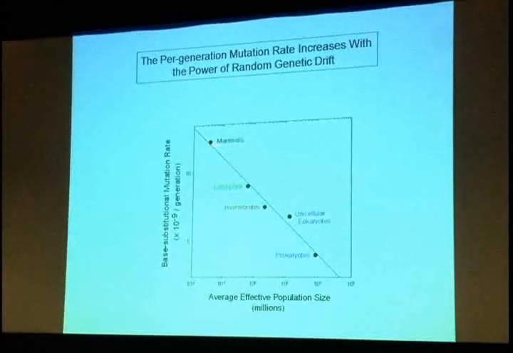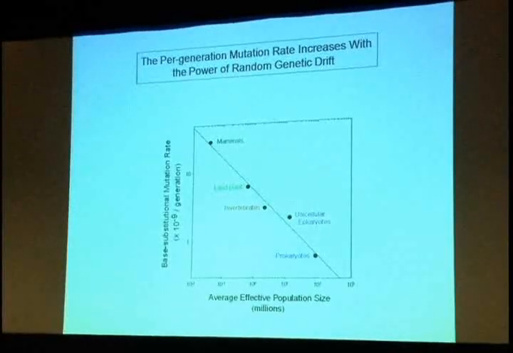That means it's more difficult for selection to prevent a slight mutation in a DNA repair enzyme that causes an increase in the mutation rate, or makes it more difficult to promote an advantageous repair enzyme. So there's this beautiful inverse scaling, all due to the noise of random genetic drift.